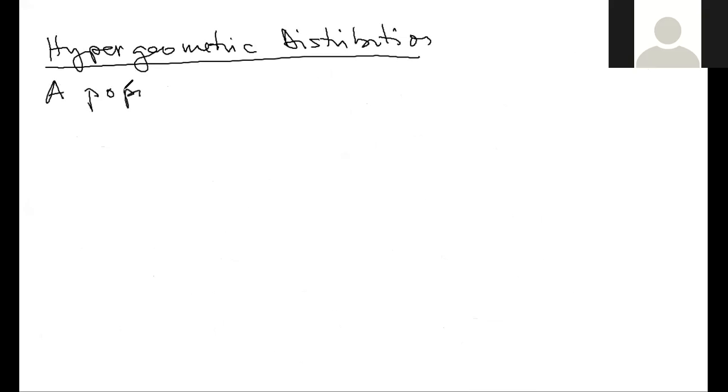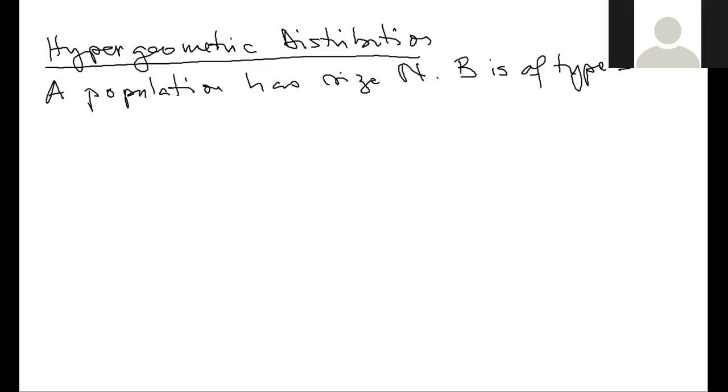A population has size N. B of the members of the population are of type 1, that's what I use in your notes. And G equals N minus B are not of type 1.